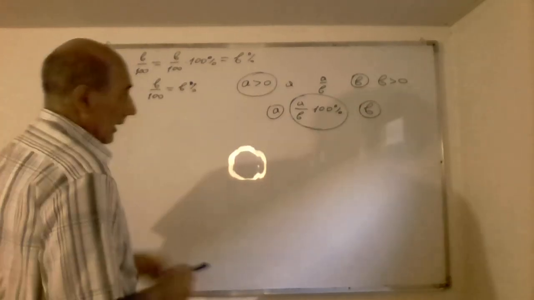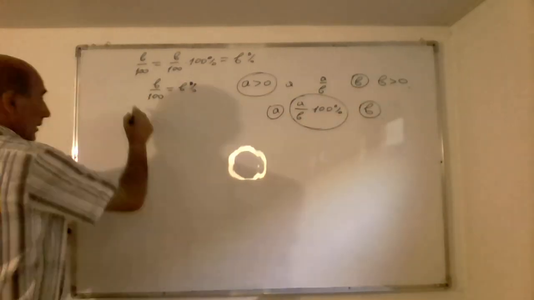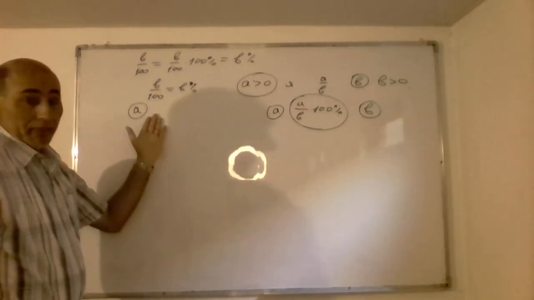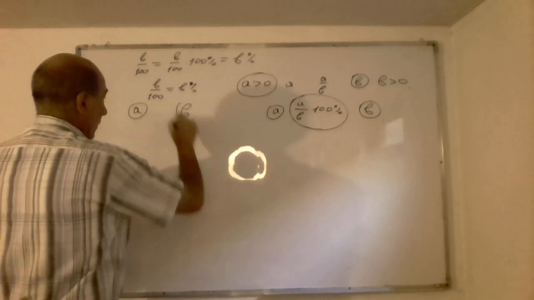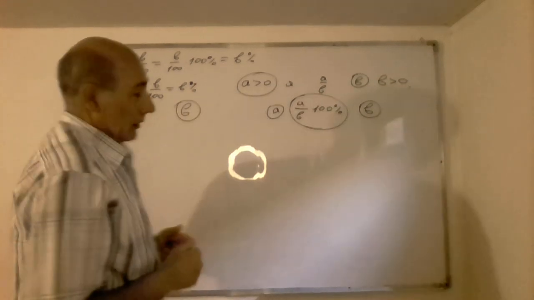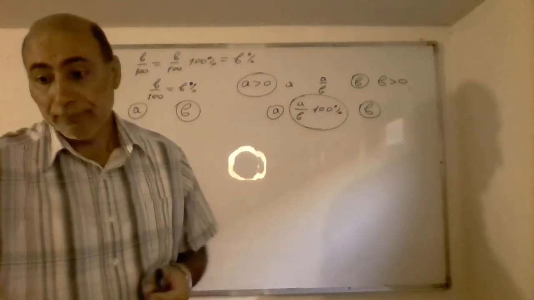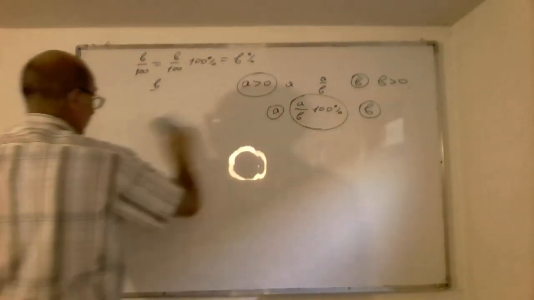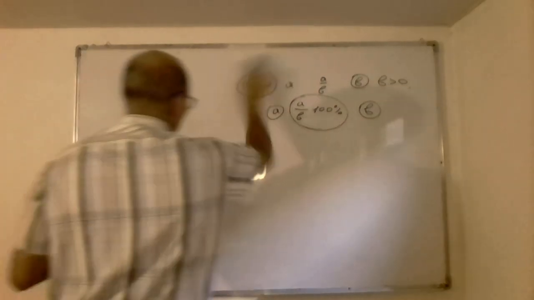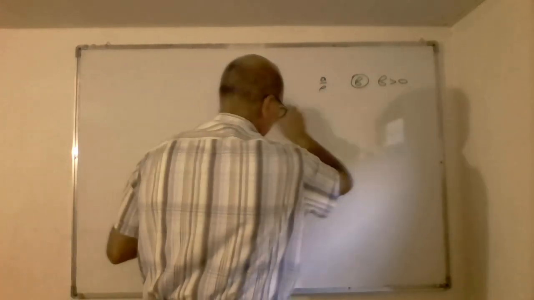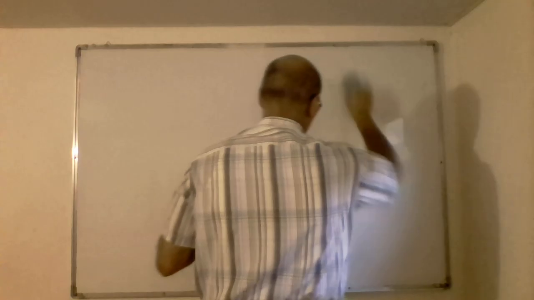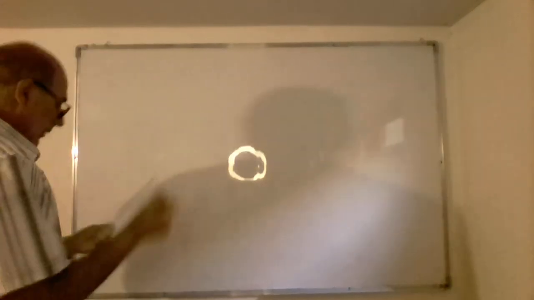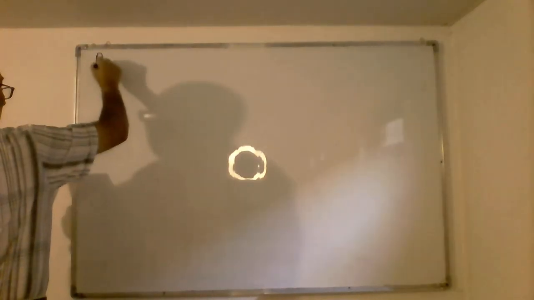Provided that A is the amount of a homogeneous substance, B is the amount of solution. Let's solve this problem 1. Let's write the text of the problem on the board so that you can see it clearly. Problem 1.